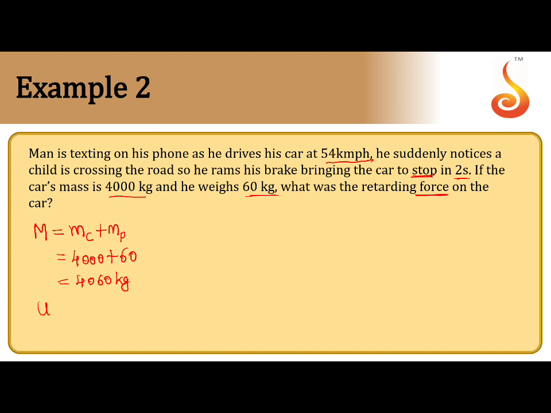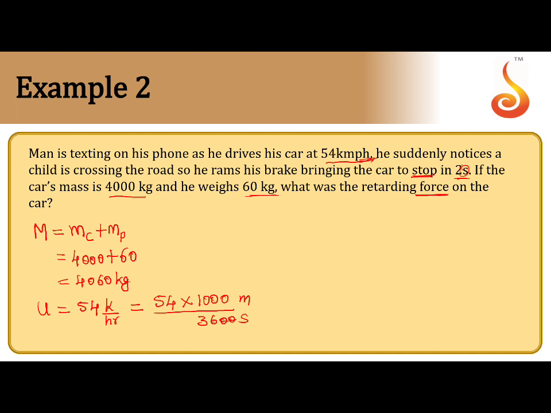It was initially traveling at 54 kilometer per hour. You see, the unit here is in second, whereas here it is in hour. So convert it into SI system. 54 kilometer, 1 kilometer is equal to 1000 meter, and 1 hour is 3600 seconds.